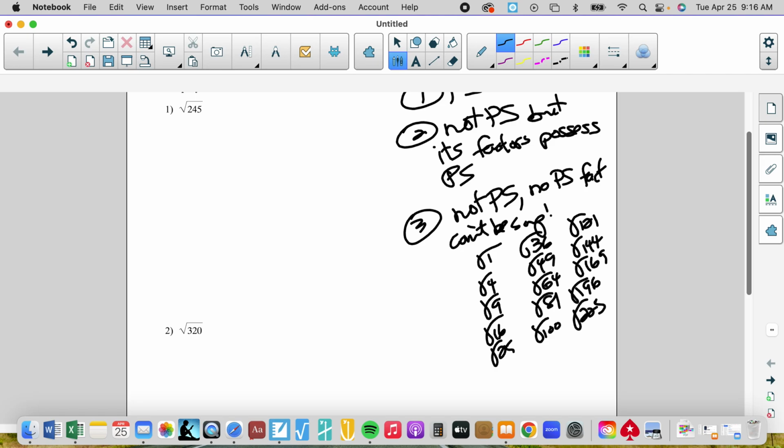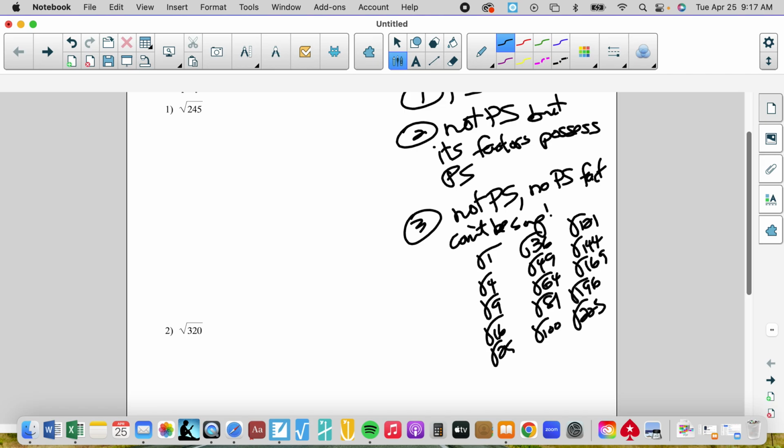Those are the first 15, and all but the square root of 1 will benefit us. So 245, well, 25 doesn't go into it. That would be my first thinking. So nothing comes to mind immediately.